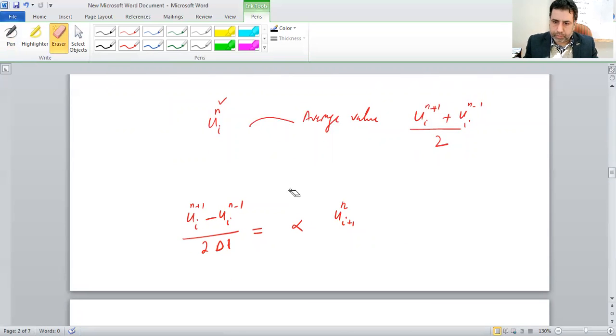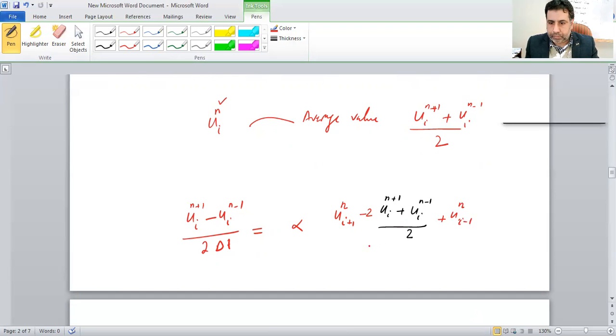So minus 2, minus 2, and I am putting it in a different color so that you see the change. u_i plus u_i^{n-1}, here we have (u_i^{n+1} + u_i^{n-1})/2, and then the same term plus u_{i-1}^n, time level n, divided by delta x squared.